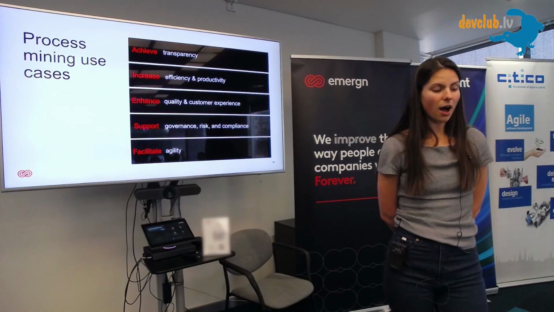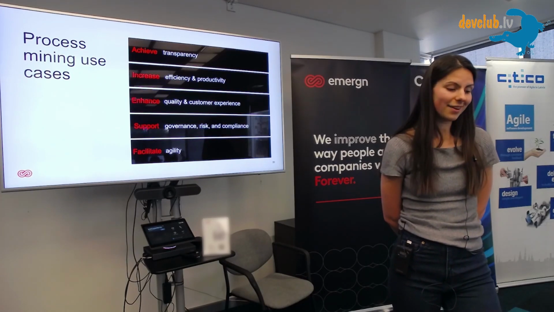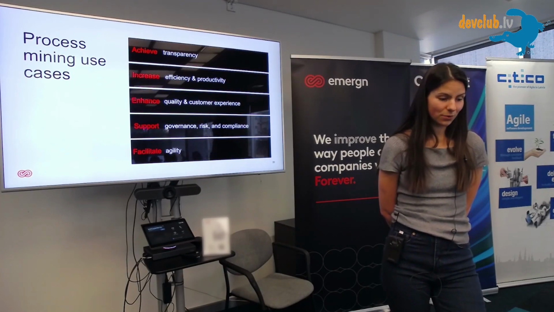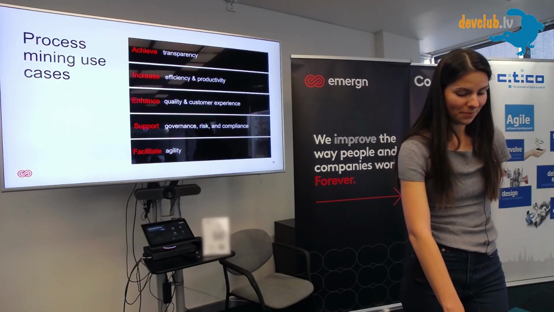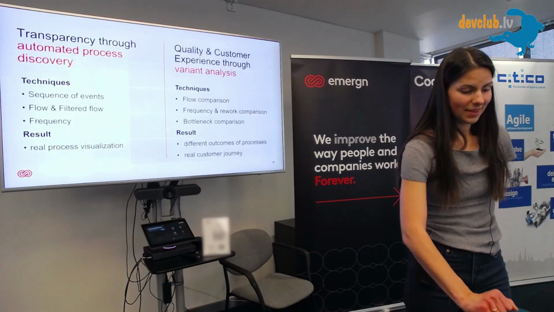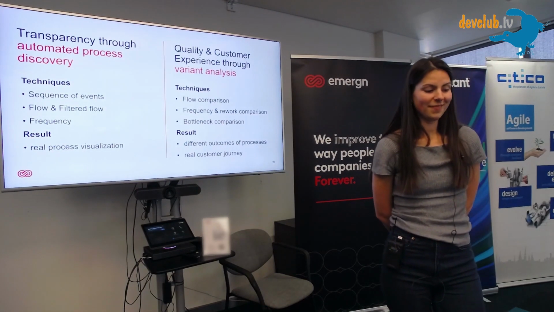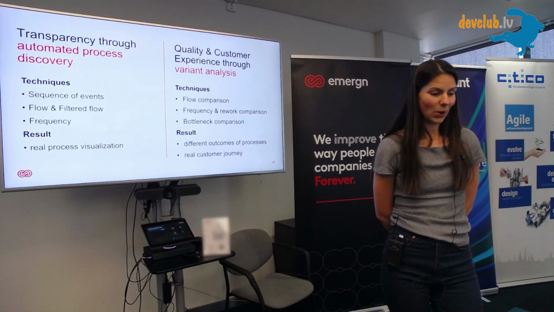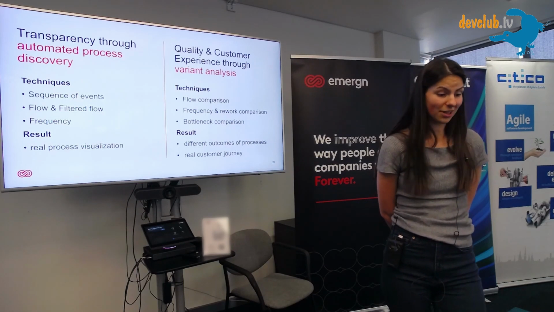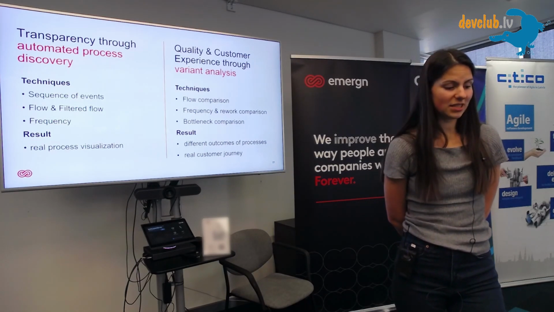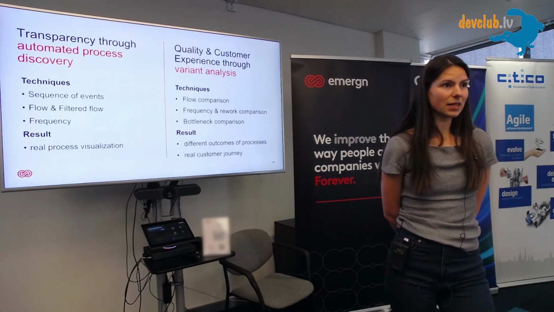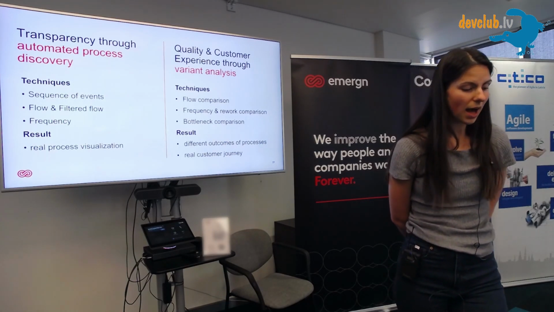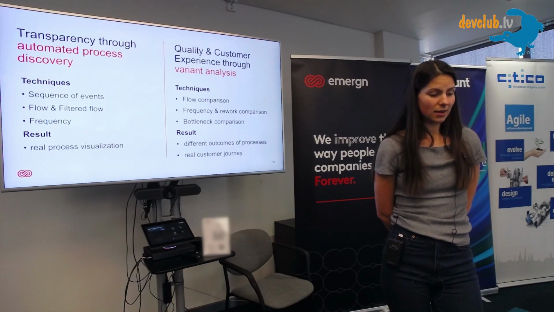Okay, and how are our process mining use cases performed? Let's start from the first one, called transparency: achieving transparency through automated process discovery. We have a couple of techniques that help us to do it.